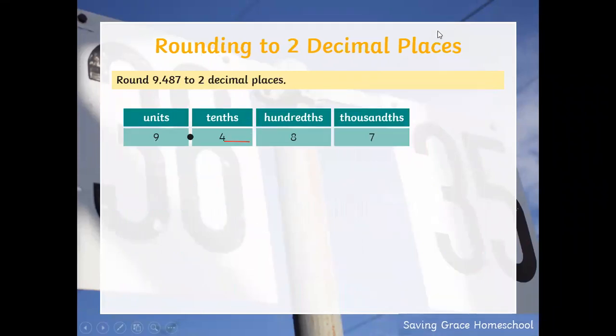Okay, let's see another one. We want to round 9.482 to 2 decimal places. Okay, so 2 decimal places. Here's 1, 2, so we go to the closest hundredth. Identify the column.